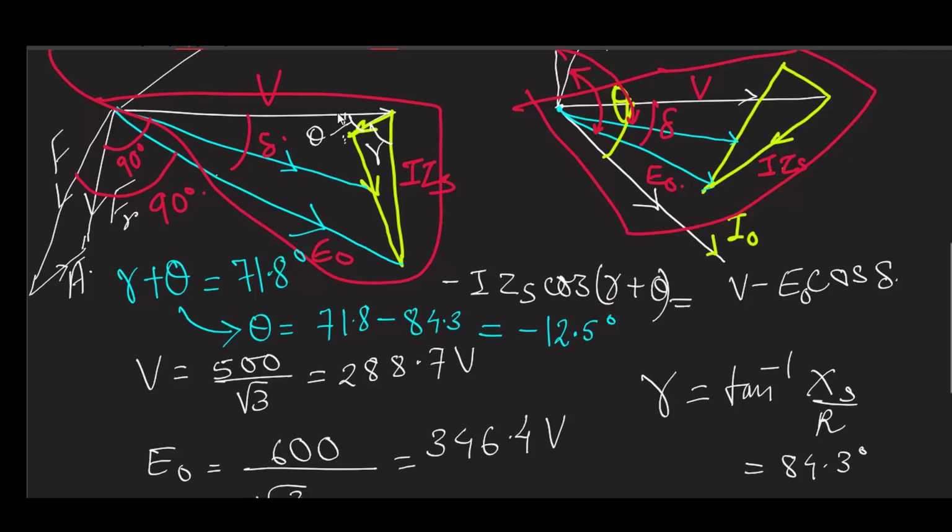So what is the power factor? Power factor is 0.97 lagging, right? So what was asked? Line current and power factor at full load. So line current is 100 ampere and power factor at full load is 0.97 leading.